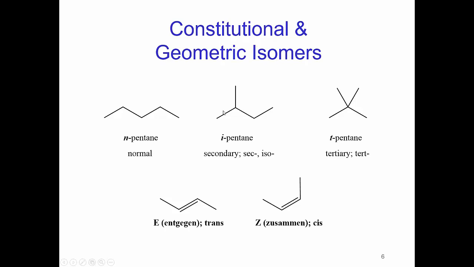If it's branched in this symmetrical way, we call it iso, and sometimes an italic i, or sometimes it's called secondary. And this, where it's as completely branched as possible, we call tertiary, and it's an italic t, pentane. Okay?